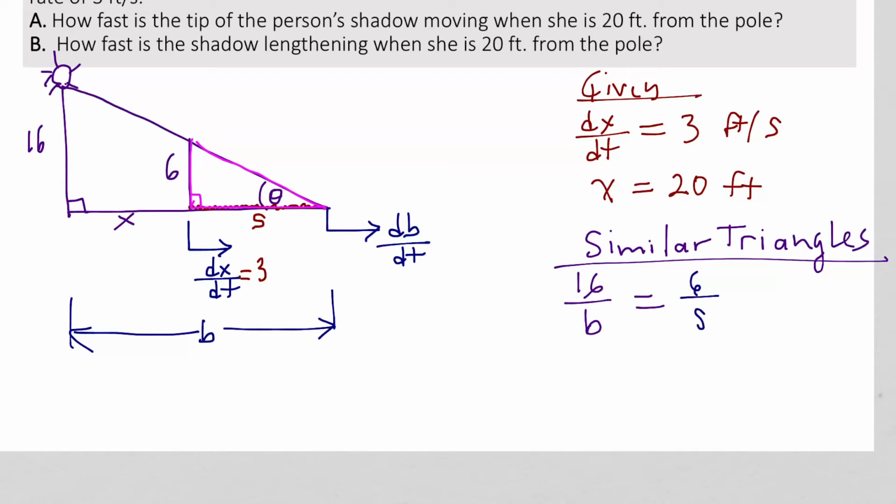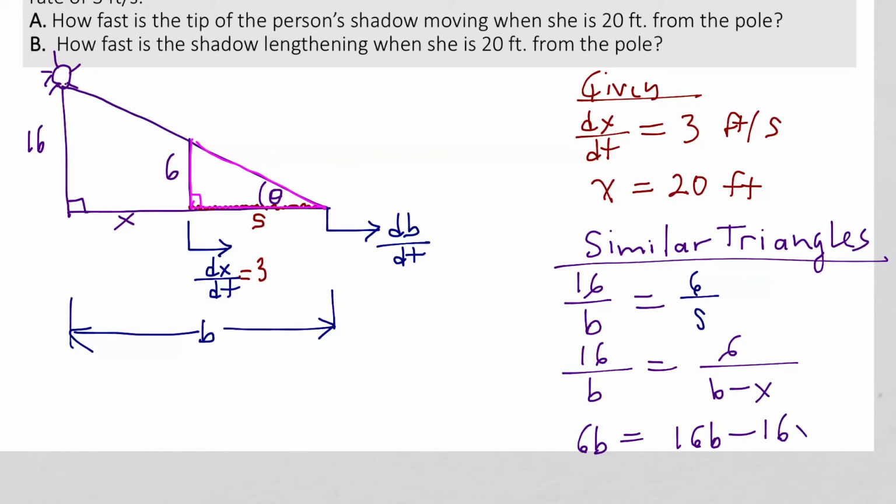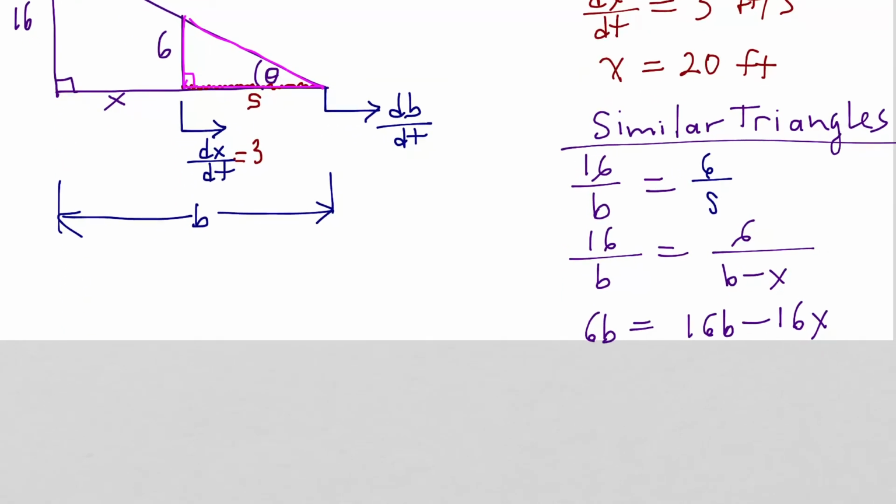All right, so we can say that s is b minus x, because we don't need s in our equation. We don't want to have that many variables. So s is the same thing as b minus x. Now if I carry through some cross multiplying here, I'll have 6b is equal to 16b minus 16x. Combining like terms, I'll get an equation that says 10b equals 16x.